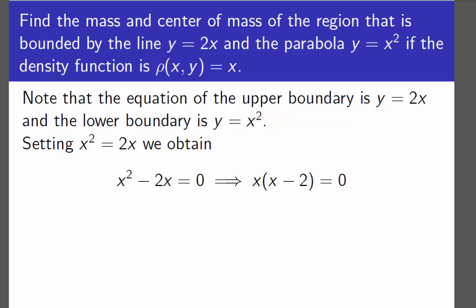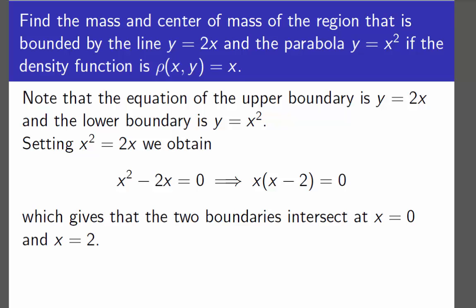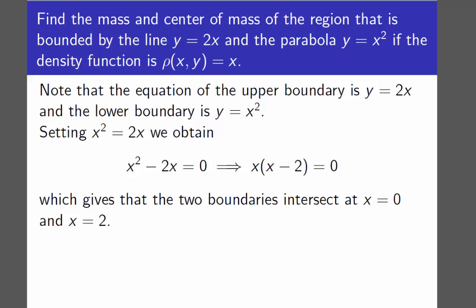By doing this, we see that x squared minus 2x is equal to 0, which factoring gives x times x minus 2 equals 0, and now we can use the zero product rule to determine that the two boundaries intersect at x equals 0, which we knew would happen, and at the point x equals 2. And notice when x equals 2, we have that y is equal to 4, because 2 times 2 is 4, and 2 squared is 4.